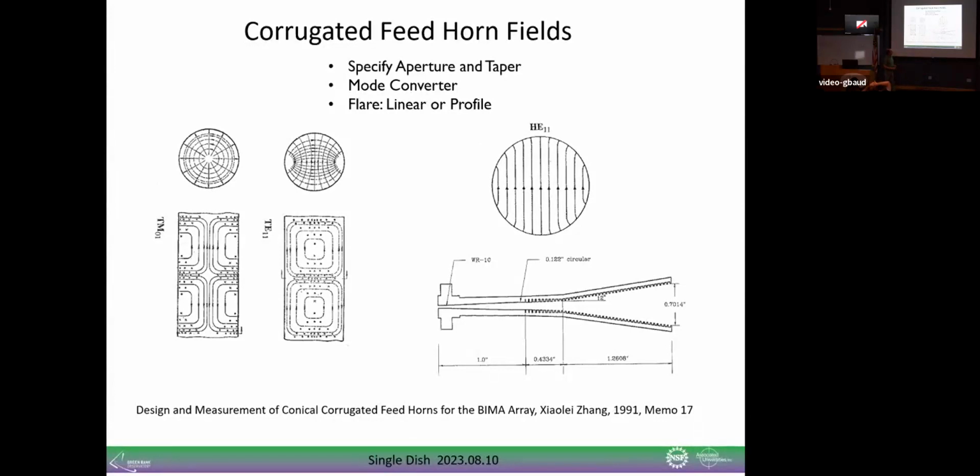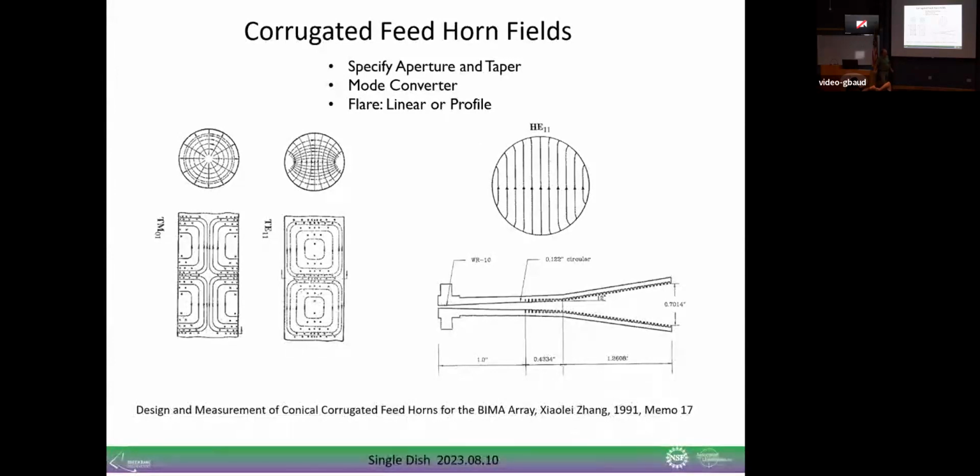Unfortunately, these are good to only about 2-to-1 bandwidth, and that's one of the reasons that we have so many receivers. After you exceed about 2-to-1 bandwidth, you start introducing cross polarizations and distortion, so they're not really optimized outside that range.